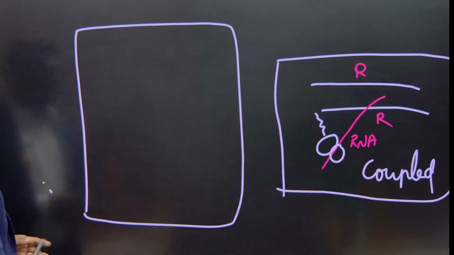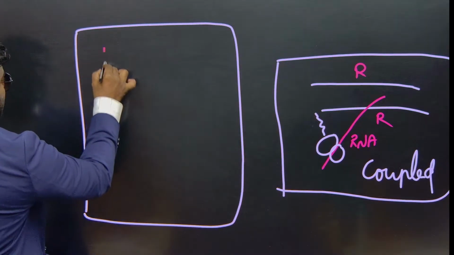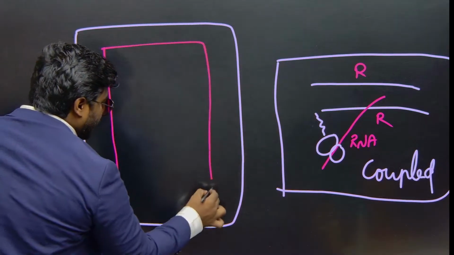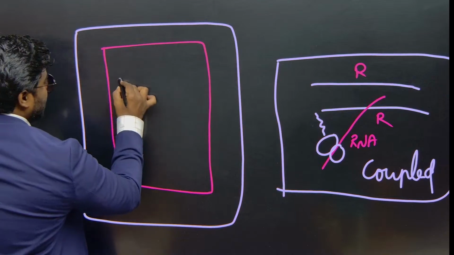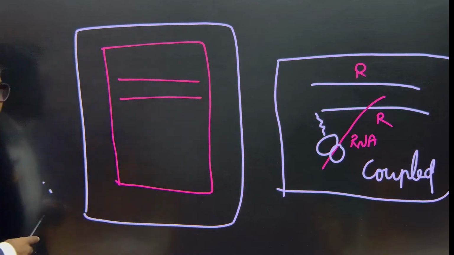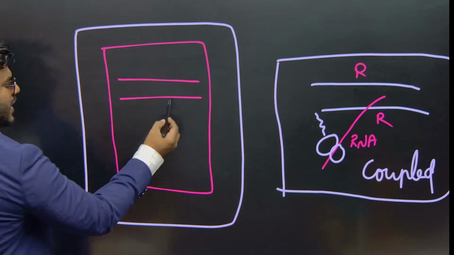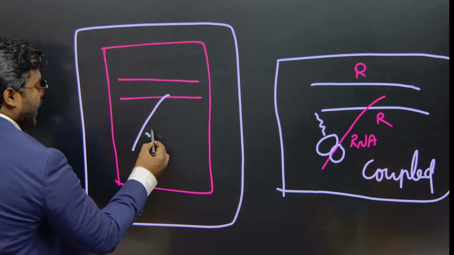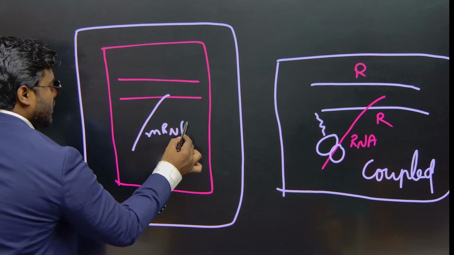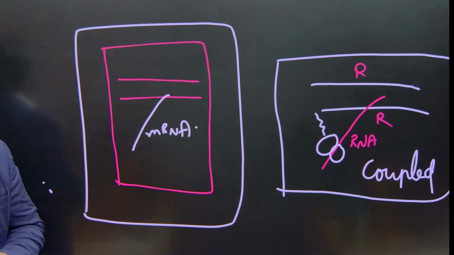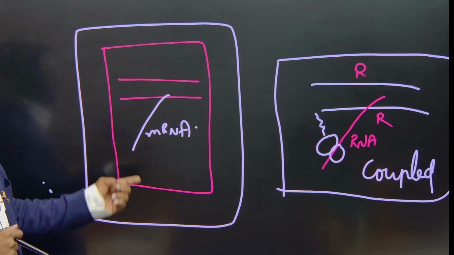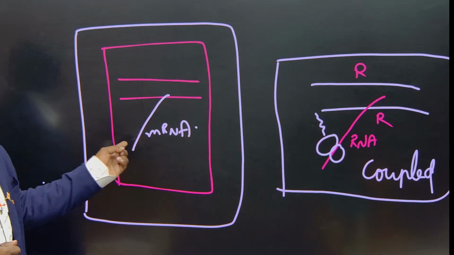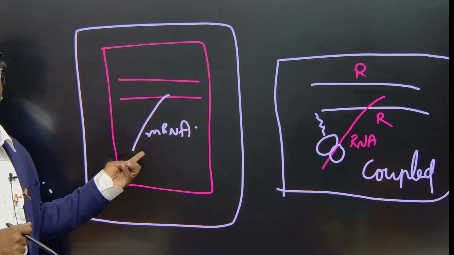But let's consider a typical eukaryotic cell. We have a very well developed nucleus. So definitely the process of replication happens within the nucleus. Now what is coming out? mRNA. Correct? Now the question is very clear. Whatever mRNA is synthesized within the eukaryotic organism, this mRNA is not completely developed.